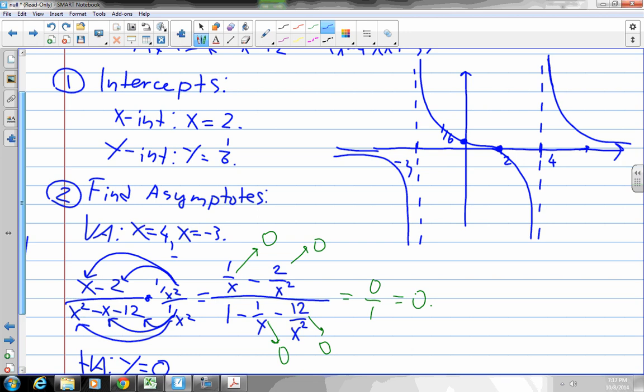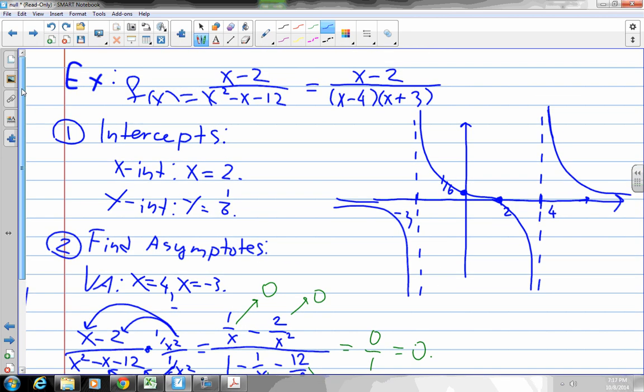It will ask you, pick a number to the left of -3. Can somebody do that? -7. Then take -7 and substitute this into your function. -7 minus 2 is something negative. -7 minus 4 is something negative. -7 plus 3 is something negative.